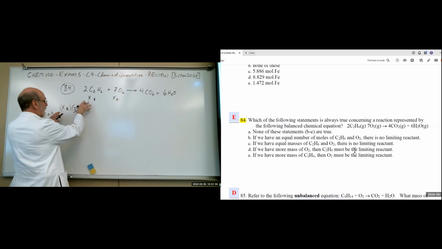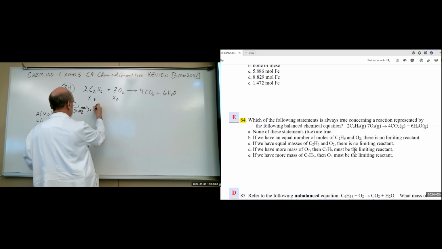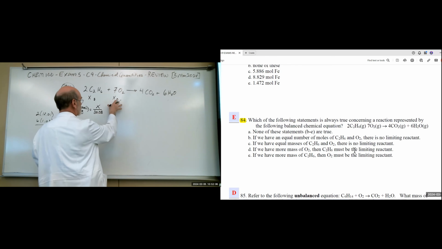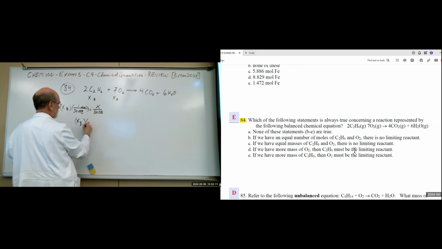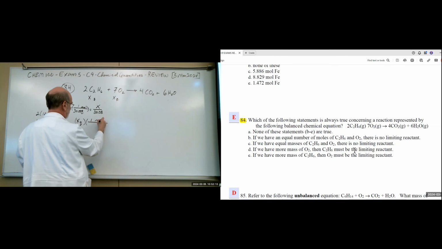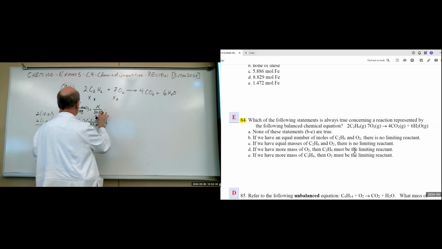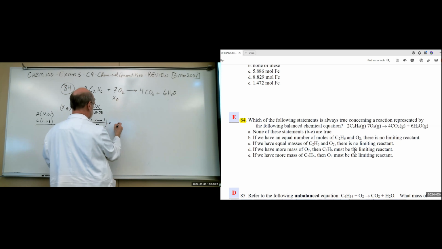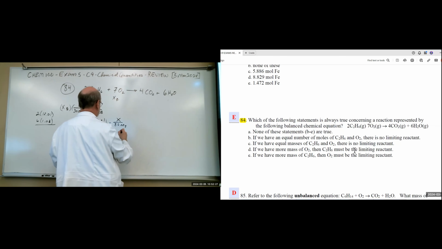So if we have this many grams of that, then the moles equals X divided by 30.08. Okay, if we have X grams of oxygen, then we have 32 grams per mole, so this would be equal to X divided by 32.